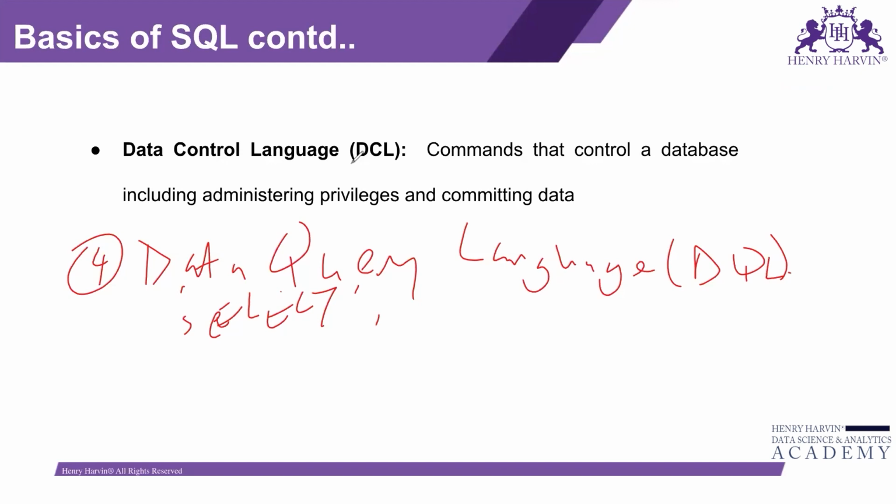For example, you can say, select a particular data where the data is greater than 5, or where a particular data meets a specific condition. So that is actually the DQL.